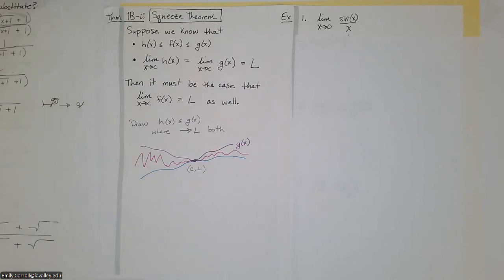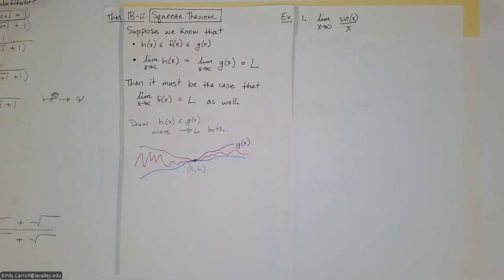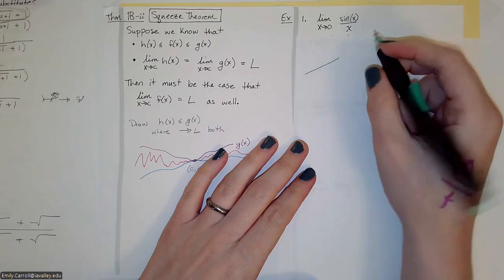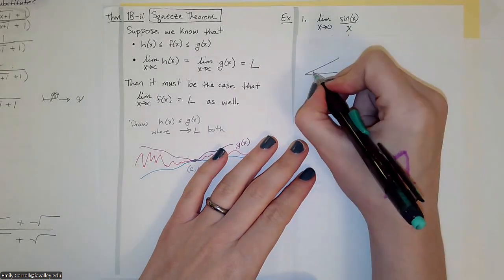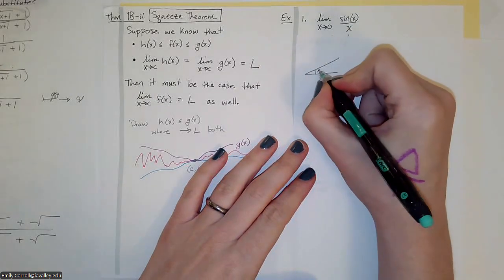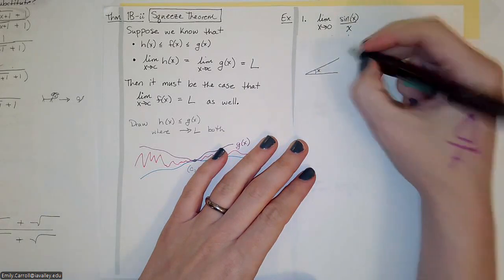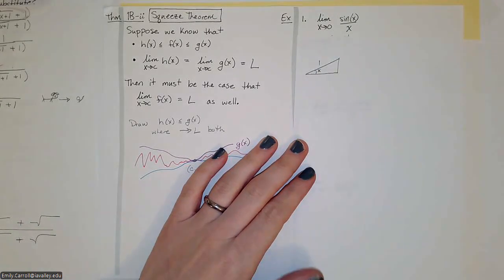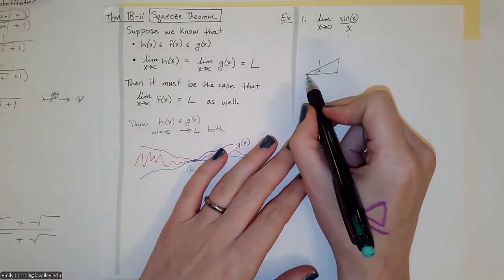oops, it actually turns out I didn't leave enough room on the page to do this whole question. Okay, so our strategy here, it's gonna get really clever. We are going to make a triangle. The angle here, I'm gonna call this x. And I'm gonna say this angle x, it's gonna live in the unit circle.